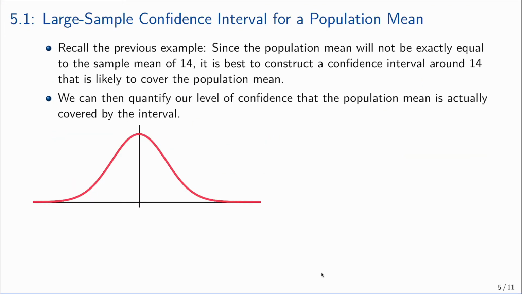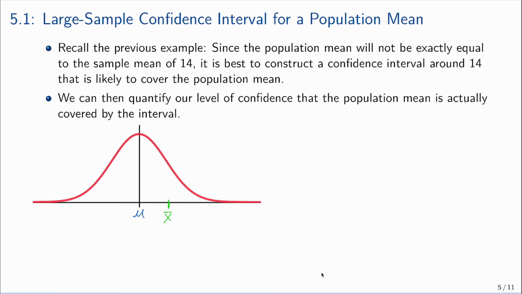Assume that we have a large sample and we want to compute the confidence interval. Recall from the previous example that the population mean will not be exactly equal to the sample mean. So assuming that this is the distribution of the population, this point will be the population mean, and the sample mean will be located somewhere next to the population mean.